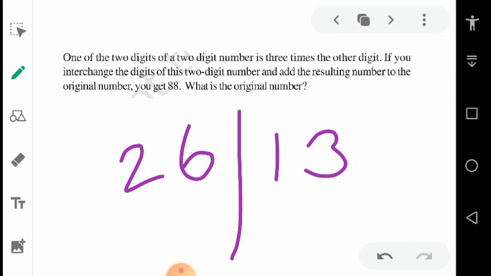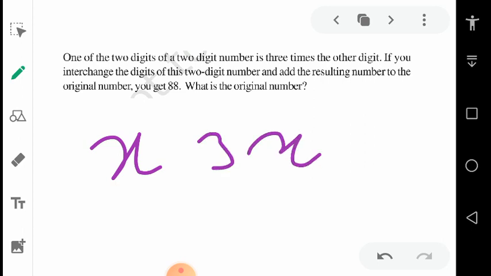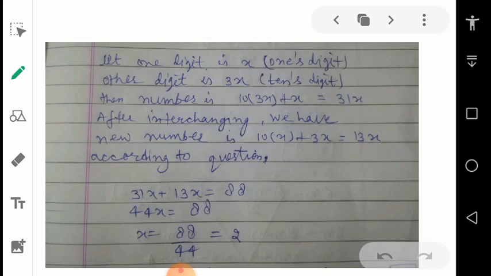So if we think that one digit of a 2-digit number is x, then the other digit will be 3x. Either of the digits can be considered at the ones or tens place, so it doesn't matter because it is not given in the question. Now if we interchange the digits and both the numbers are added, we get 88. So consider the steps I have given here.